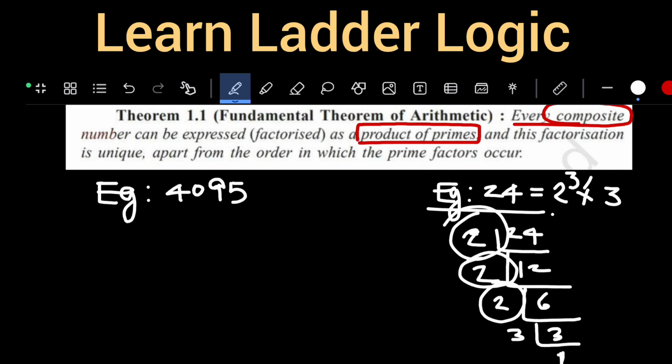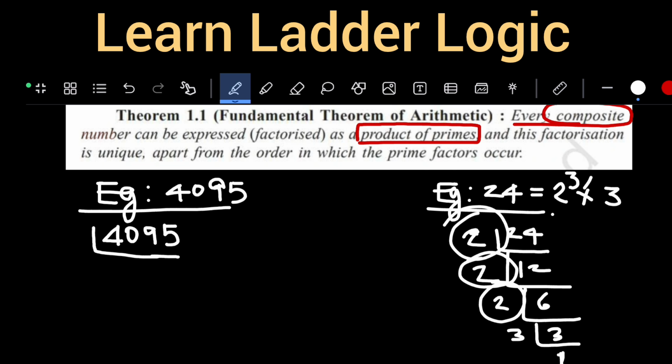Now let us do the prime factorization of the next number, 4095. Here you see the unit place is not an even number, so it is not divisible by number 2. Let us try with the number 3. The divisibility test of number 3 is adding the digits of the number.